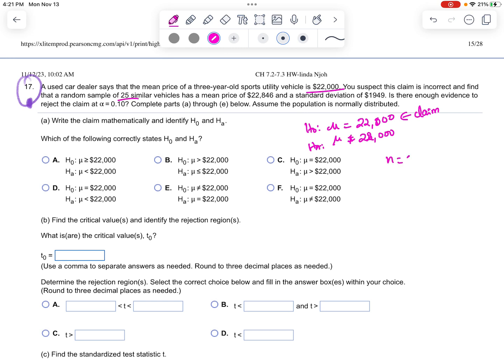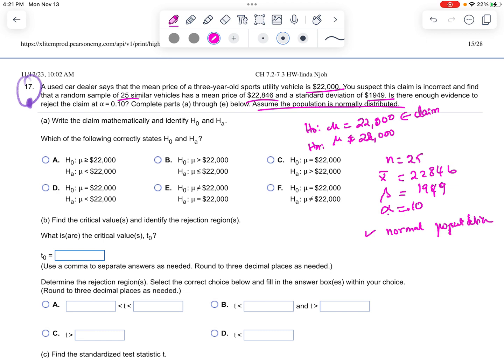You find, so your N is 25 similar vehicles with a mean price of 22,846, standard deviation. This is S, because it comes out of the sample of 25. Is there enough evidence to reject the claim at 0.10? Now, assume the population is normally distributed. So normal population, I need everybody to notice, sigma is unknown, N is 25, small sample.